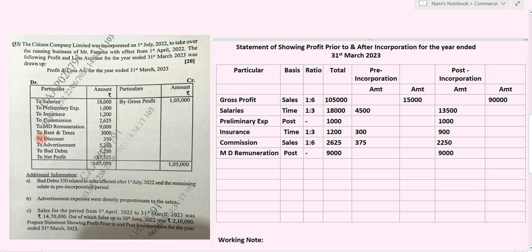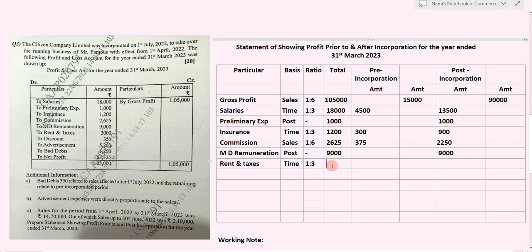Next, after MD remuneration, is rates, rent and taxes. Amount is 3,000. Rent and taxes are allocated on the basis of time ratio. Time ratio is 1:3.